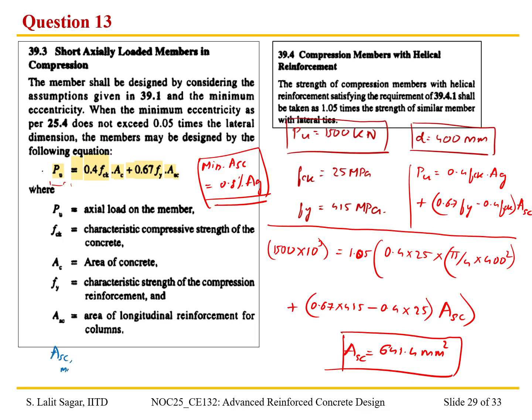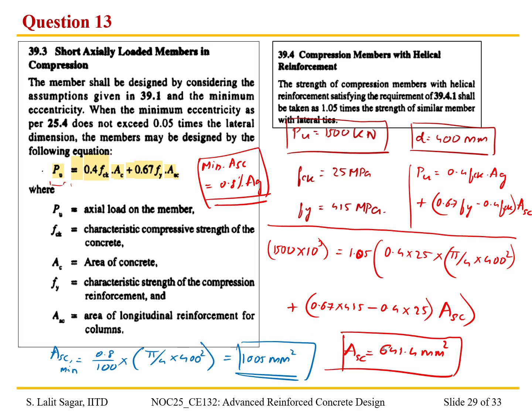ASC minimum is equal to 0.8 divided by 100 of pi by 4 of 400 square, which gives us a value of 1005 mm square, which is much higher than the ASC which we derived for the design.